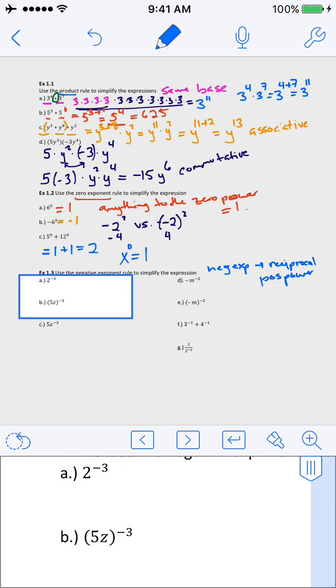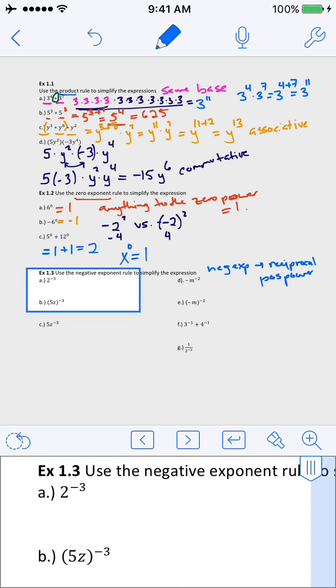So 2 to the negative 3 would simplify. We can use the reciprocal to the positive power. So I get 1 over 2 to the 3rd, 1 over 2 to the positive 3rd, instead of 2 to the negative 3. Again, that's because that's the definition of a negative exponent. So anything to the negative 1 becomes the reciprocal to the positive 1. Negative 54, reciprocal to the positive 54, right?